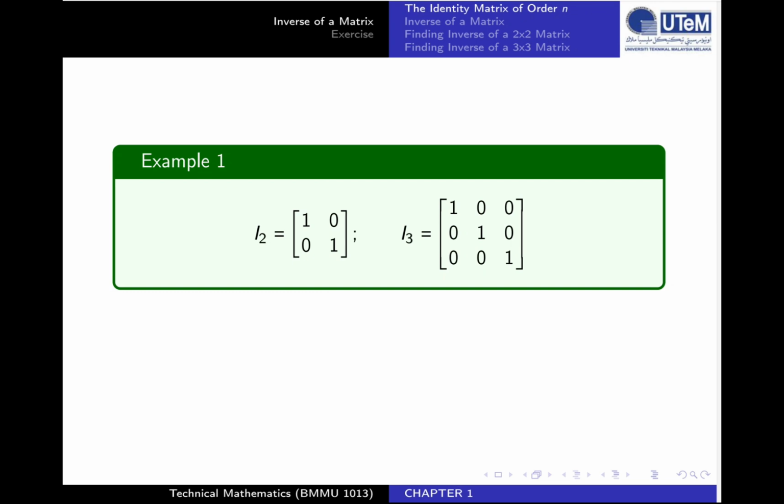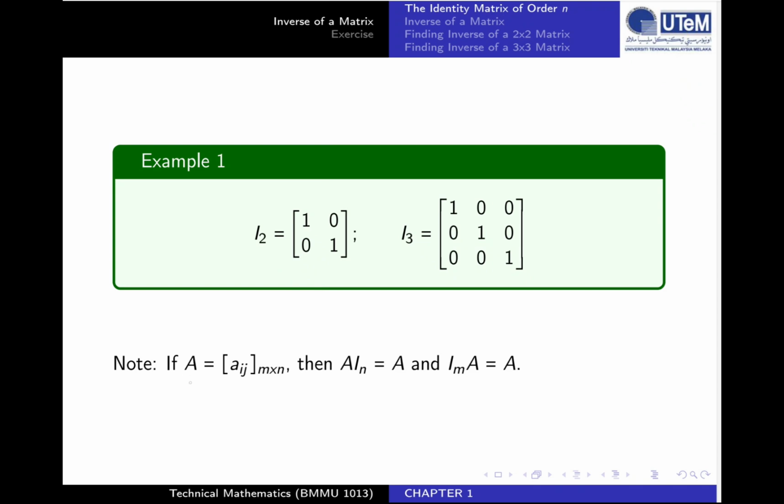This is the example of the identity matrix. For the identity matrix of order 2, we have 1 0 0 1, where the diagonal is 1 and the rest is 0. For the identity of size 3 by 3, the diagonal also equals 1 and the rest of the elements are 0.